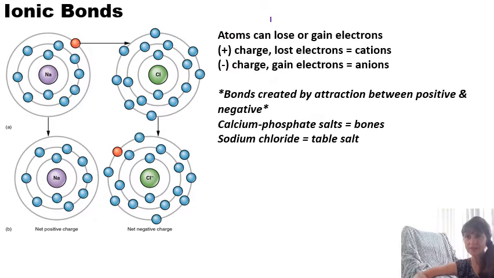We know that atoms that have full valence shells are inert because they're stable and unreactive. Not all atoms have full valence shells. Looking at sodium on the upper left of this picture, we notice that because sodium has 11 protons, there are 11 electrons, 2 in the first shell, 8 in the second shell because the second shell can only hold 8, and the outermost valence shell has 1 lone electron, right here.